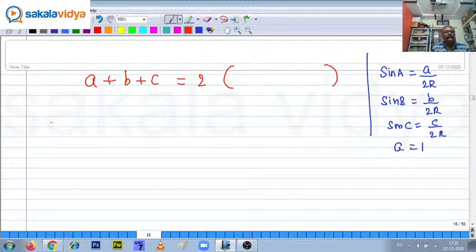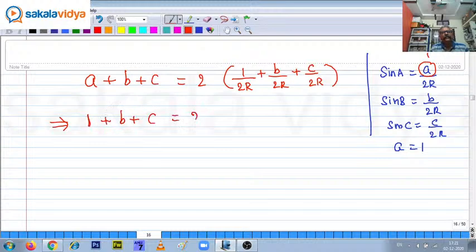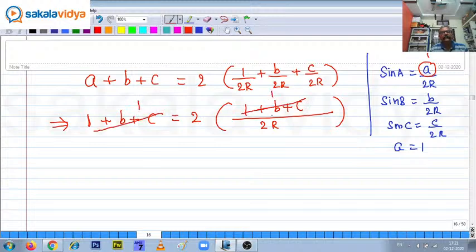Substituting here, we can write 1 upon 2R plus B upon 2R plus C upon 2R. So now 1 plus B plus C equals to 2 times 1 plus B plus C upon 2R, where 2R is the LCM. This 1 plus B plus C cancels. Now 2R equals to 2. From here we need to find out.